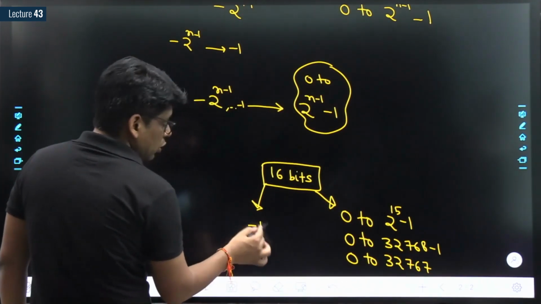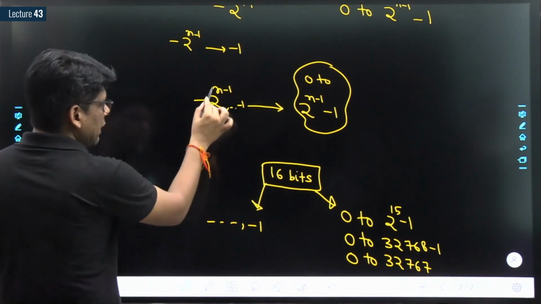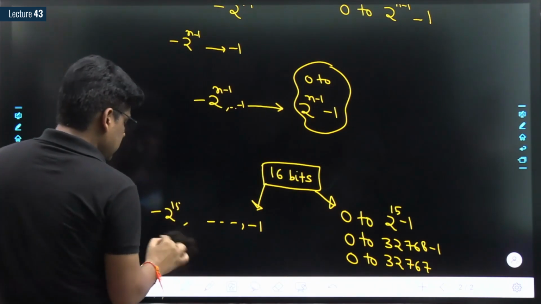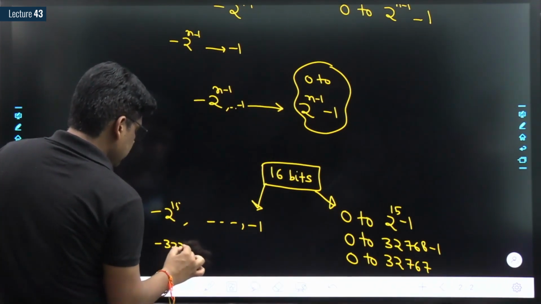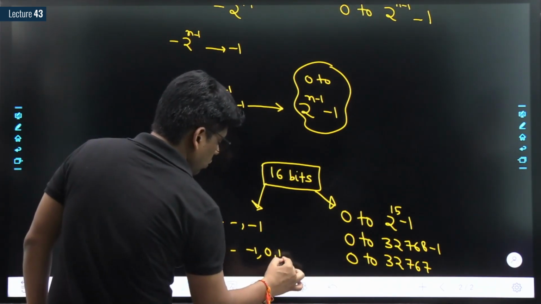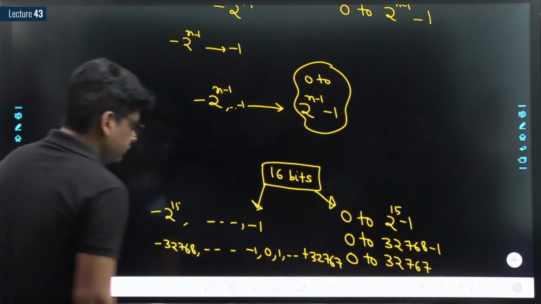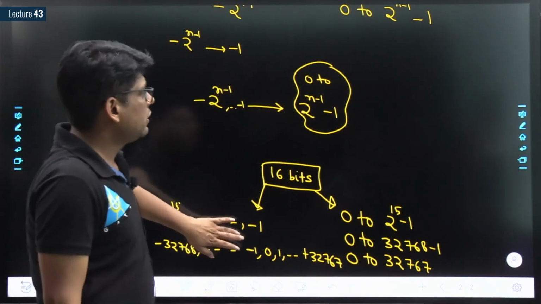The largest is minus 1 and the smallest is minus 2 to the power 15, that means minus 32768. And in positive, 0, 1 till 32767.